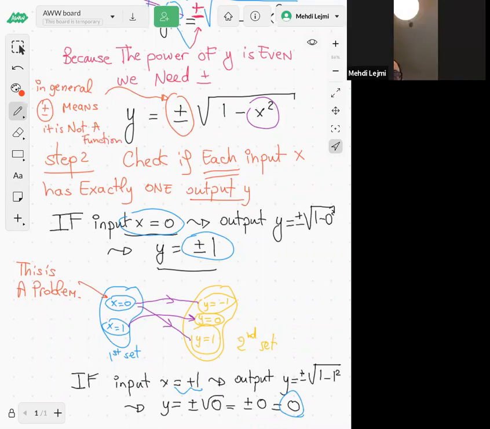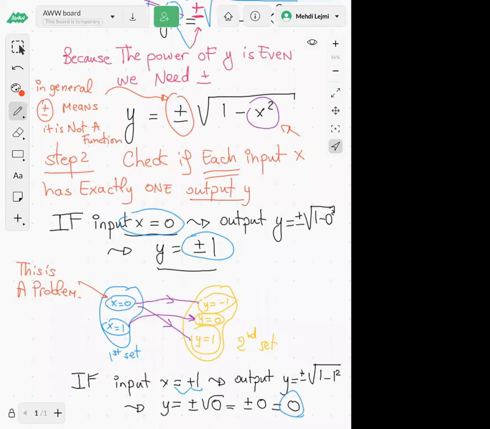Again, just take a random value of X. Here X has to be less than 1, because under the square root we're supposed to have only positive or 0. If you take some random X less than 1, you're going to end up with two possible outputs.